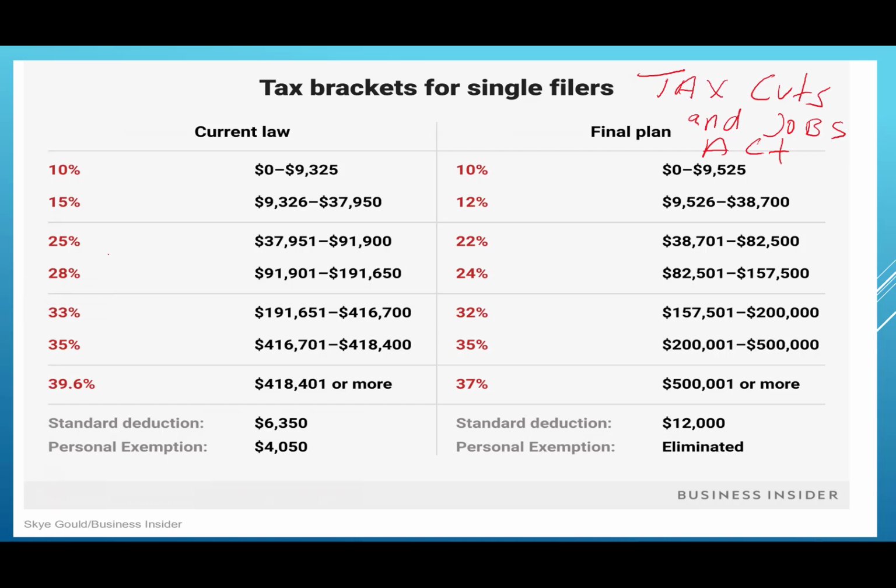So you're going to have more home interest that you could have deducted, but now they're telling you that you can only deduct up to $10,000 of itemized deductions, period. So your property tax, which is going to be higher in California, you can't deduct once it's in excess of $10,000.